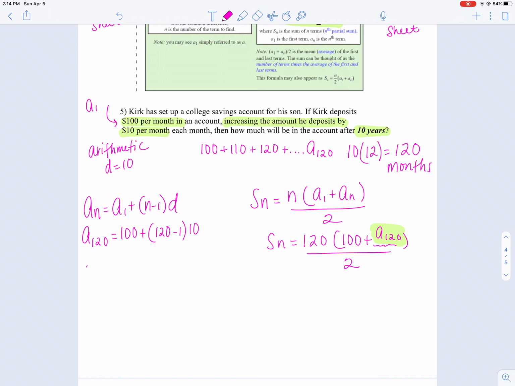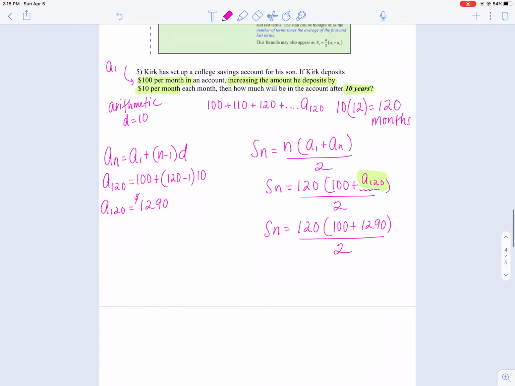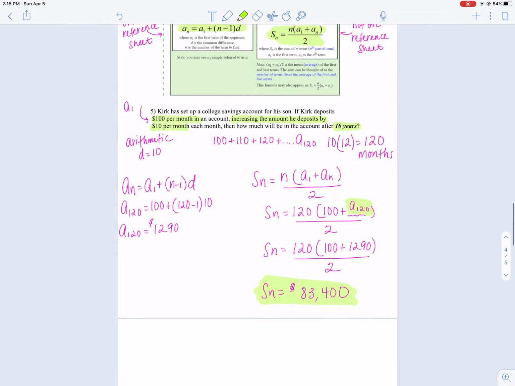If you simplify that, your 120th term is $1,290, which means when I come into my series, I could take 120 times 100 plus 1,290, and I could divide that by 2. And when you simplify that, you would have $83,400. That's how much money you would have in your account after 10 years or 120 months.